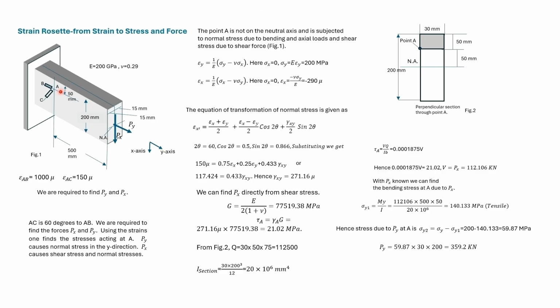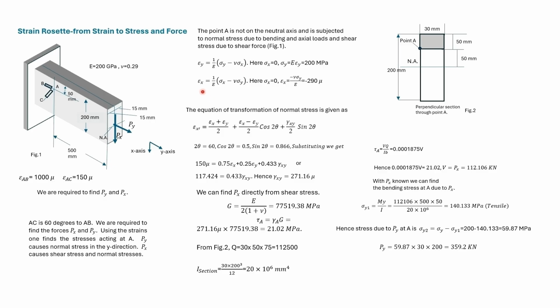At the point A, there will be shear stresses due to Px. Using generalized Hooke's law, this is the expression of epsilon y. Sigma z is 0 and sigma x here is also 0. So sigma y can be obtained directly, which we get as 200 MPa.